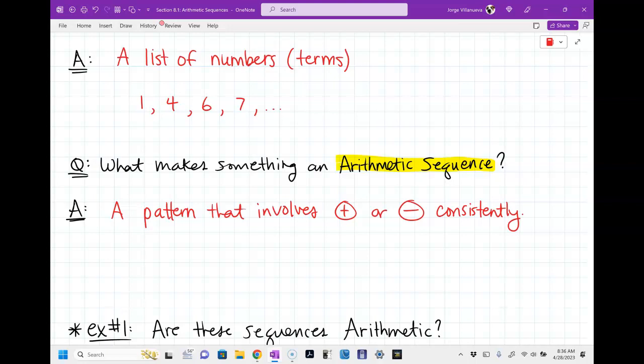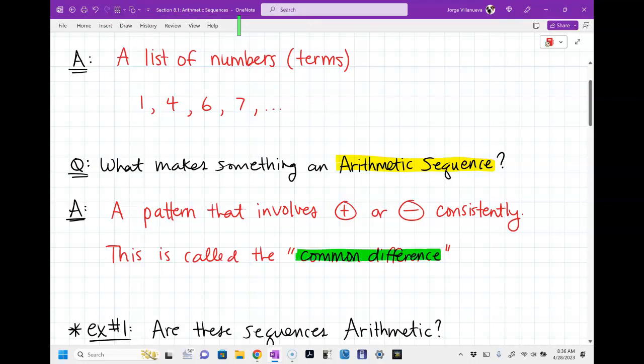So this is called the common difference. And they're going to use the letter D for it. Okay, so I'm going to highlight this, the common difference. And it's going to be a lowercase d. All right, so whenever you see the letter D in an equation, that's a common difference.